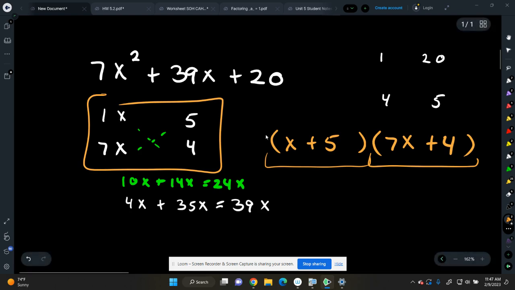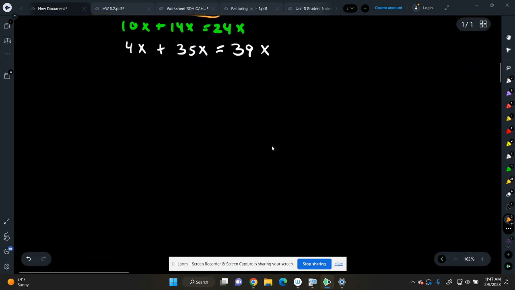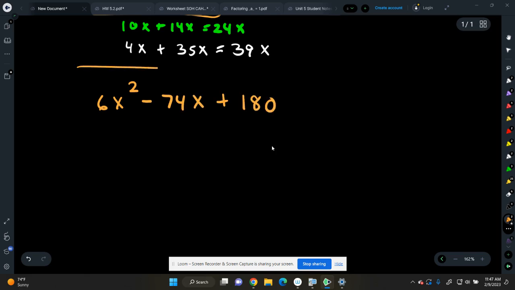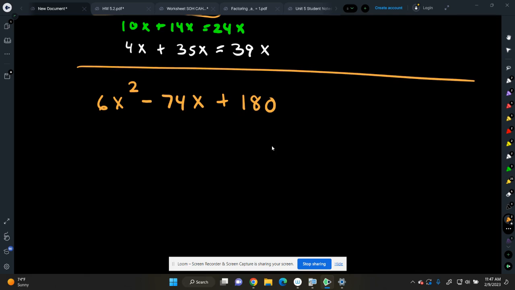Let's do 6x squared minus 74x plus 180. Okay. What do we do first? 1x and 6x. Greatest common factor. Yes. Greatest common factor.